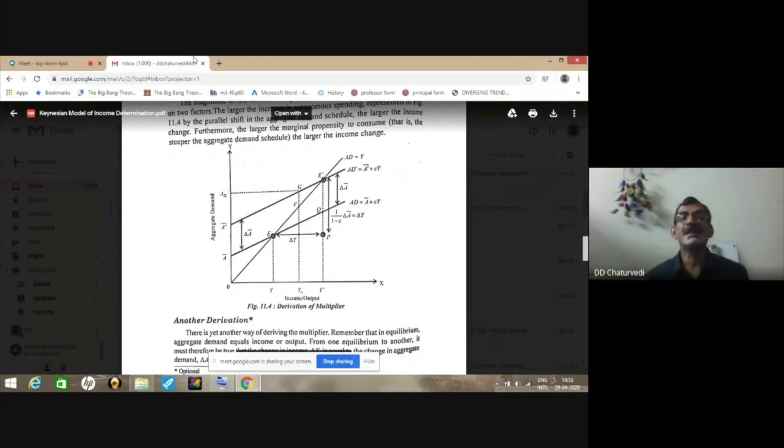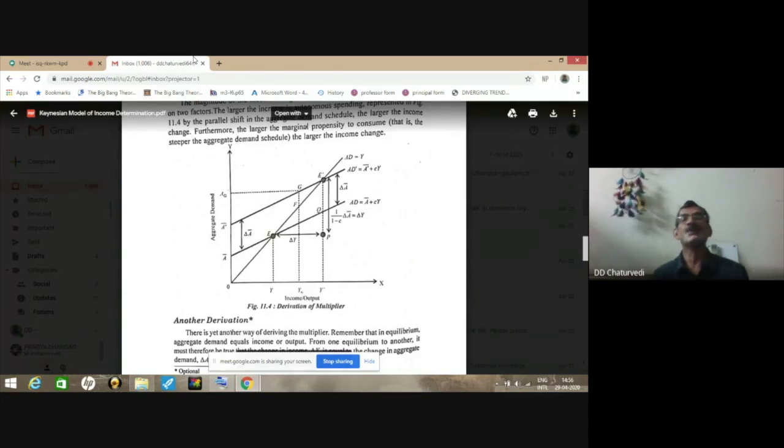If you compare delta A bar, which is equal to the gap between the two aggregate demand curves, you will find that the change in autonomous investment is much less in comparison to the change in income. So delta Y in this diagram is much greater than delta A bar, which is the change in investment expenditure.